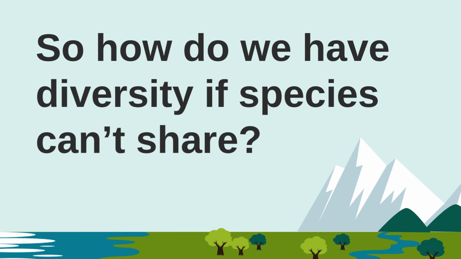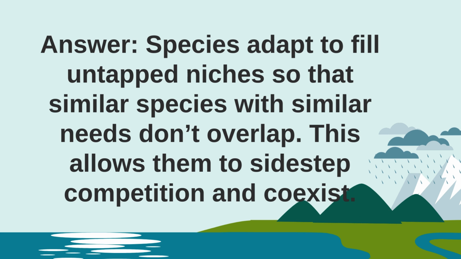So how do we have diversity if species can't share them? The answer is that species adapt to fill untapped niches so that similar species with similar needs don't overlap. This allows them to sidestep that competition and to coexist alongside each other instead. And this can be something as simple as living in the top part of a tree instead of the middle part to avoid fighting with other birds for a place to put your nest.